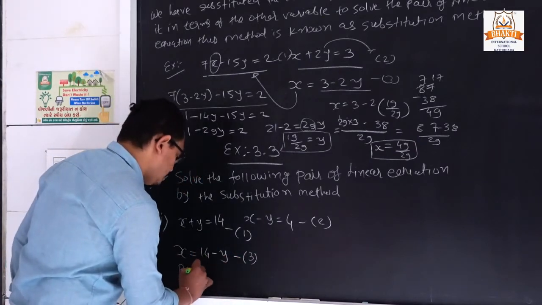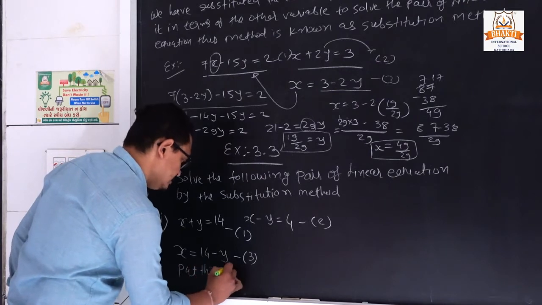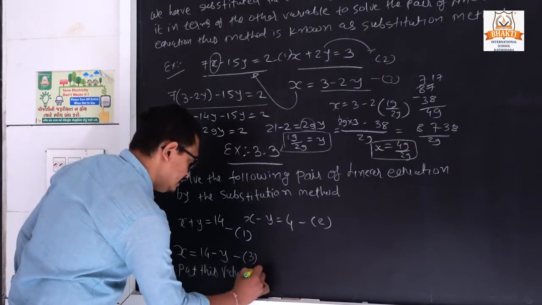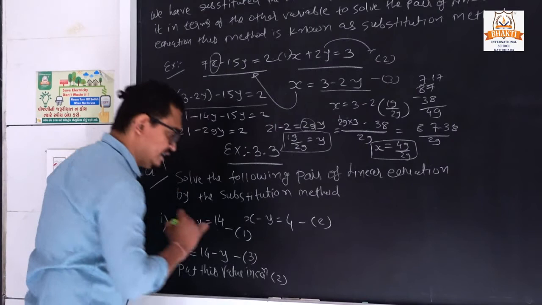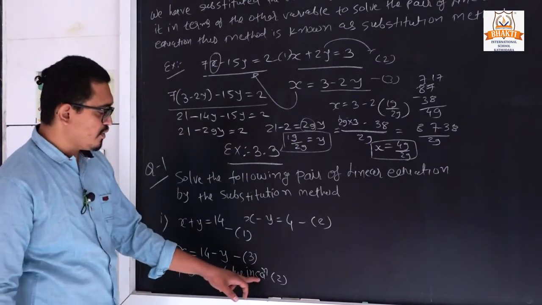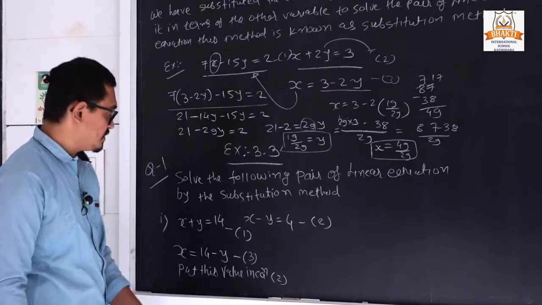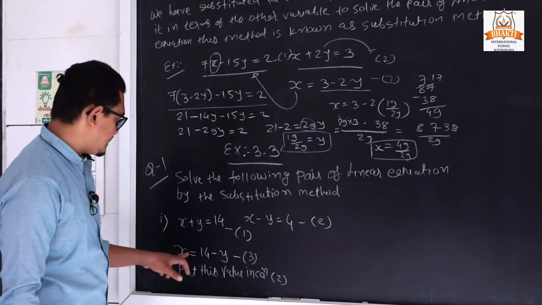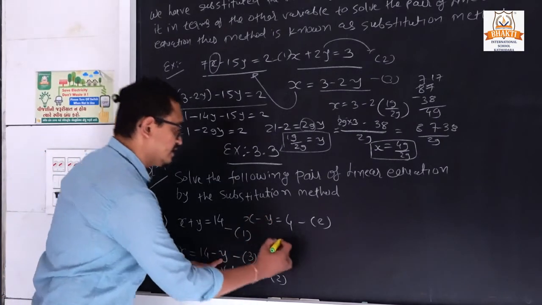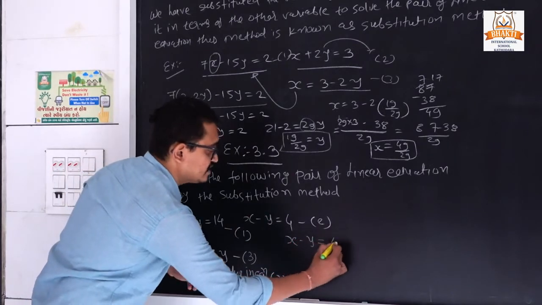Now put this value in equation number 2. So I can directly write the equation, then we will replace x with 14 minus y. So here first of all I am writing the second equation.